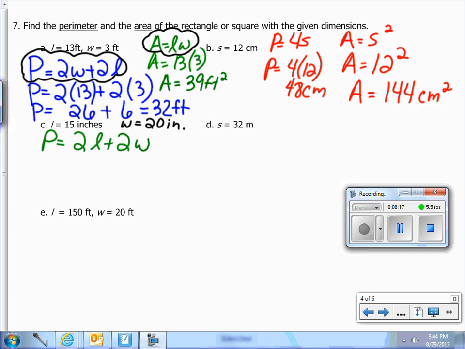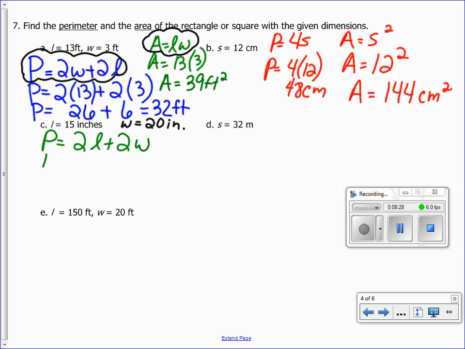For some reason, in your notes the width was not on my notes on the screen, but it was on your notes that you have in your hand. So P is equal to 2 times 15 plus 2 times 20. 2 times 15 is 30, plus 40 equals 70 inches.